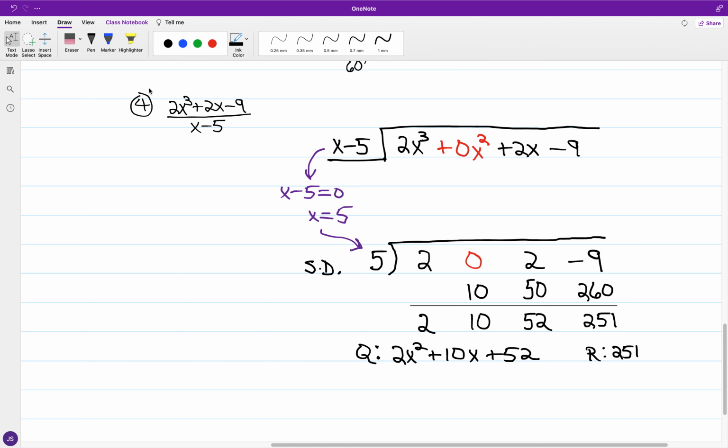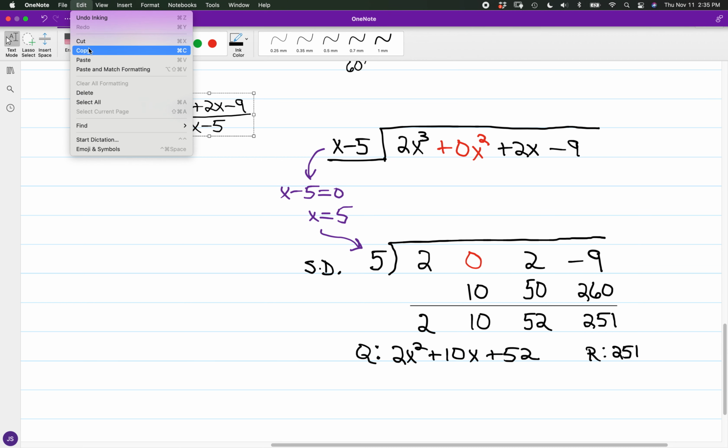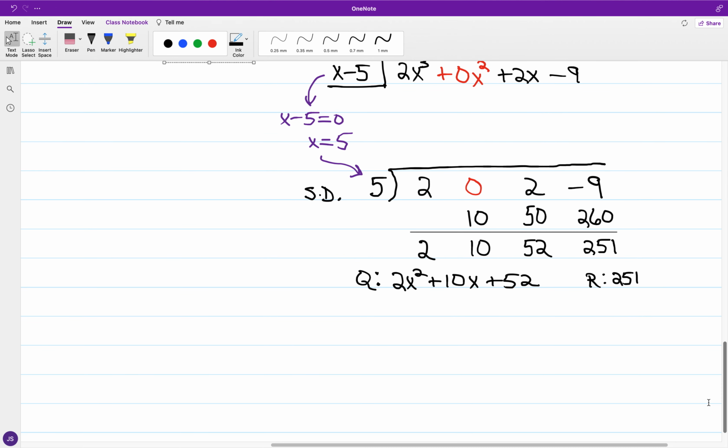And just looking at what we have, expressing this ratio in terms of quotient and remainder over divisor.